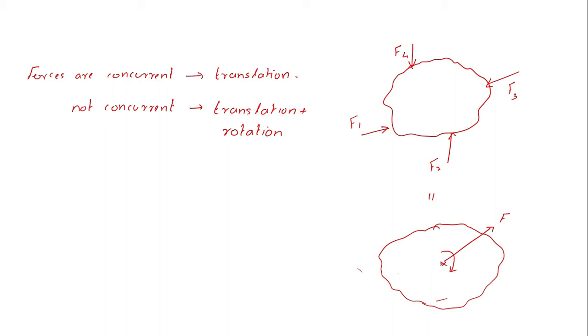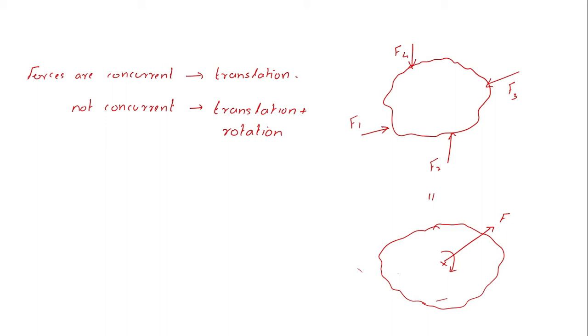Okay, now this corresponding point can be any point. So as such, the replacement of a general system of external forces into an equivalent force couple system, which you must have studied already in statics, the same thing we had done here.